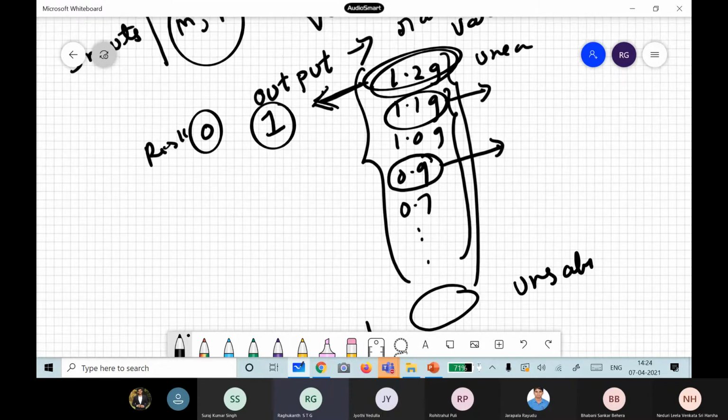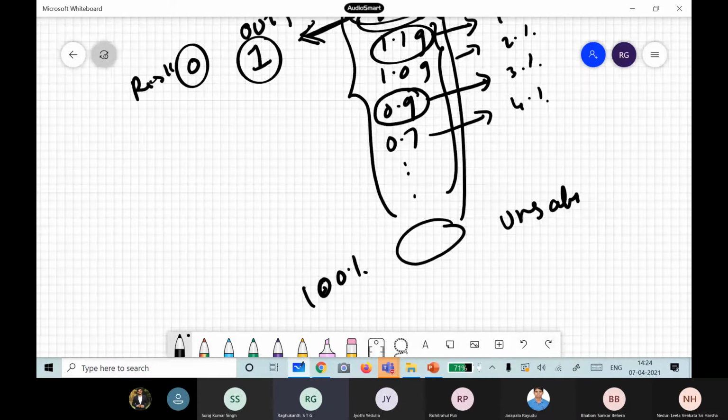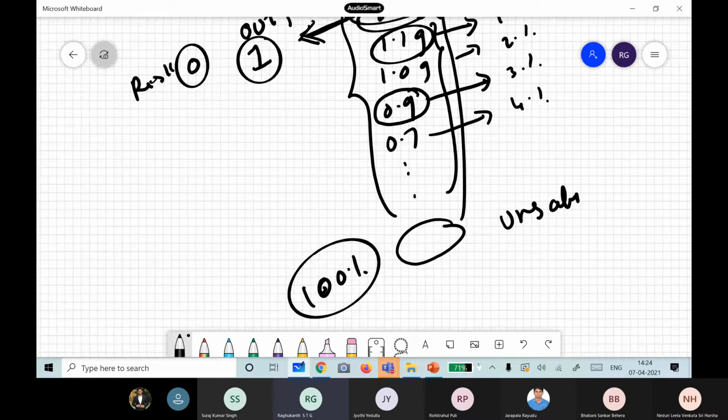For any value below the highest, I will have some amount of risk: 1% risk, 2% risk, 3% risk, 4%, like that, and the last value will be 100% risk itself. So if I am not designing for the maximum value, I am risking something. There is a risk associated with all these numbers.